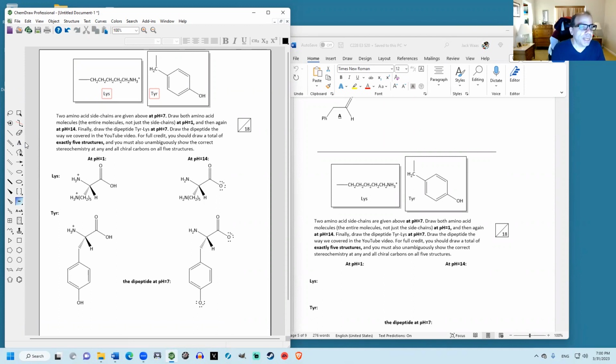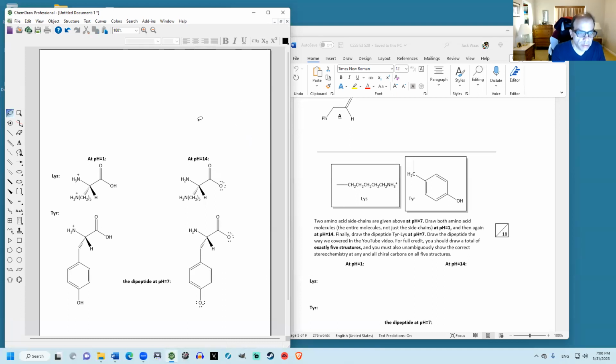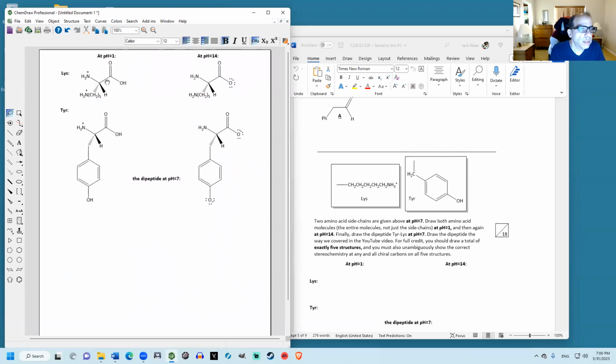So that leaves the dipeptide. We're doing tyrosine, then lysine. To make the dipeptide, we start with tyrosine at pH 7.